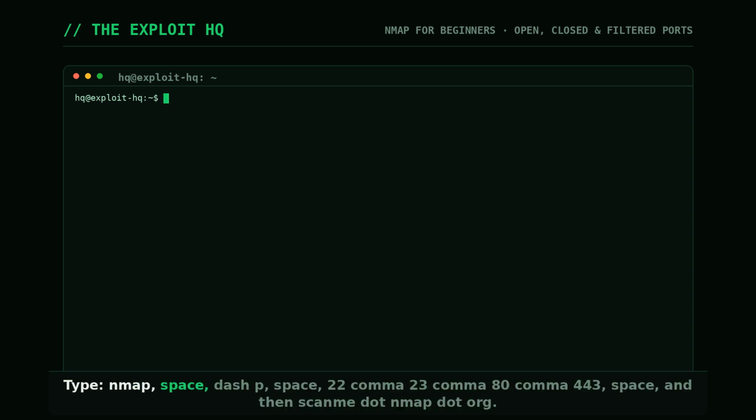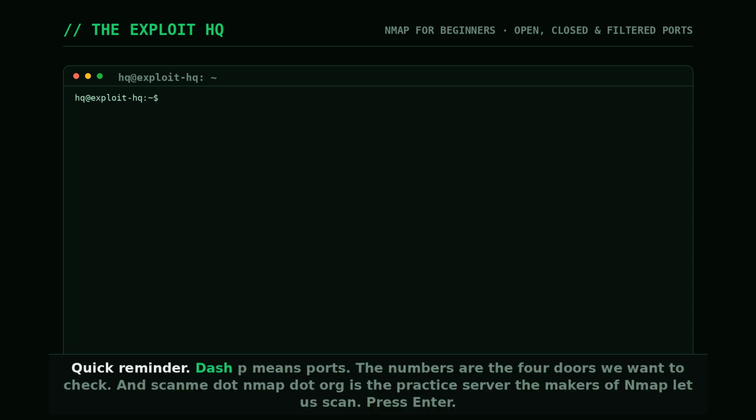Type nmap space -p space 22,23,80,443 space, and then scanme.nmap.org. Quick reminder, -p means ports. The numbers are the 4 doors we want to check, and scanme.nmap.org is the practice server the makers of Nmap let us scan. Press Enter.